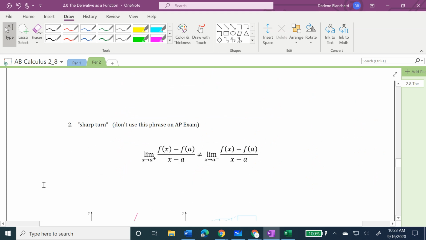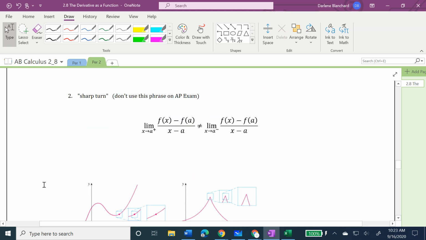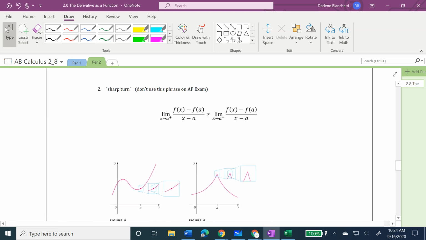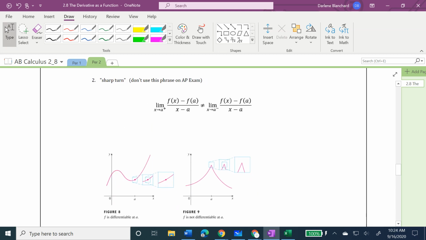Now, another way that you can be continuous, but your derivative does not exist, is what some people call a sharp turn. Some people call it a corner, but whatever you do on the AP test, do not call it a sharp turn or a corner. They don't want to hear you giving a graphical description when they ask you to justify yourself.